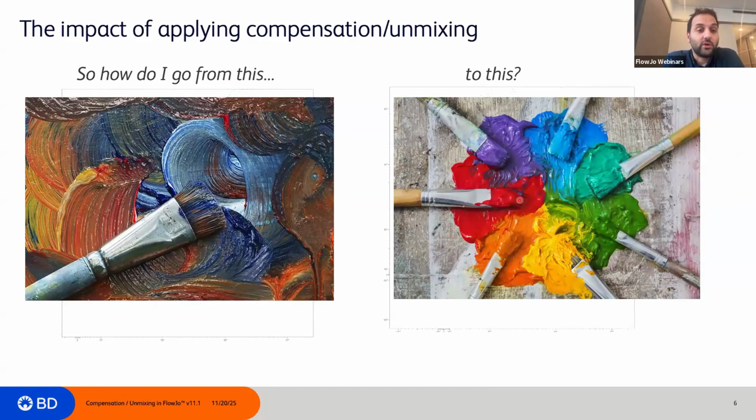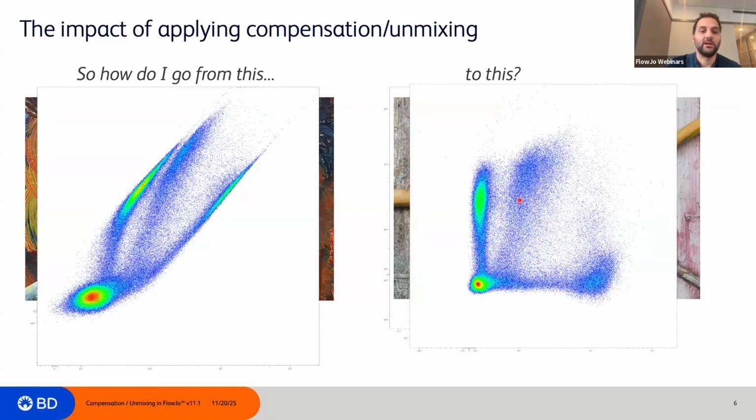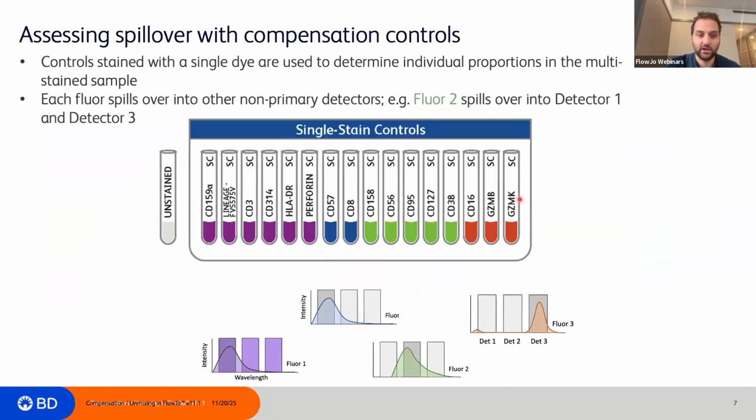We need to go back to the contribution of each individual color that made this painting. And this is how we need to instruct our cytometer or sorter in order to detect all those single colors accurately so that we have the true biology through data analysis. Okay. That was just a very short introduction here.